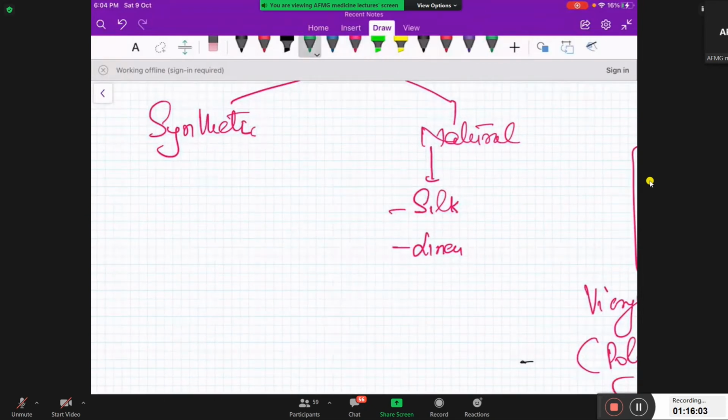In synthetic, we have nylon, which is also called polyamide.